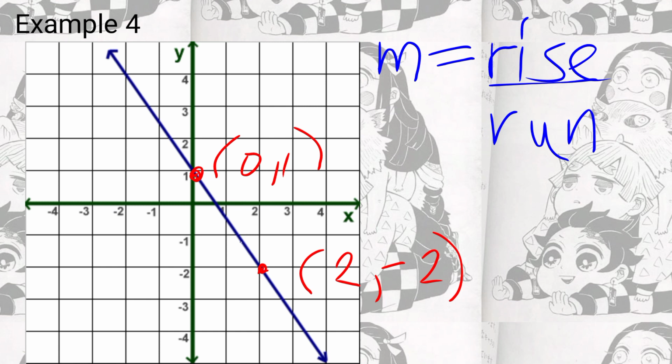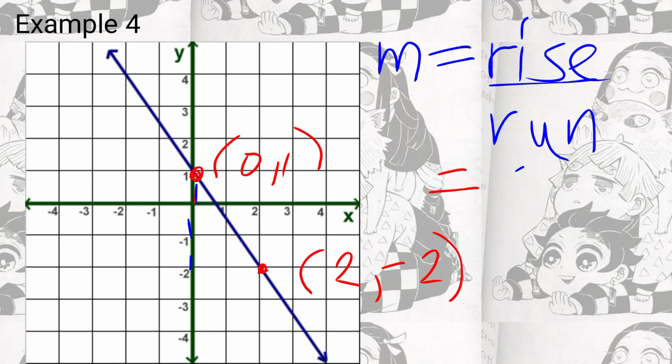Pwedeng ibang mga points. Yun nga lang, kung makikita ninyo kasi, mag-i-estimate ka kung ano ang eksaktong bilang ng coordinates na tinamaan ng line na yan. So, from here, magbibilang tayo ng rise. Gumamit tayo ng ibang kulay. 1, 2, pababa siya, 3.